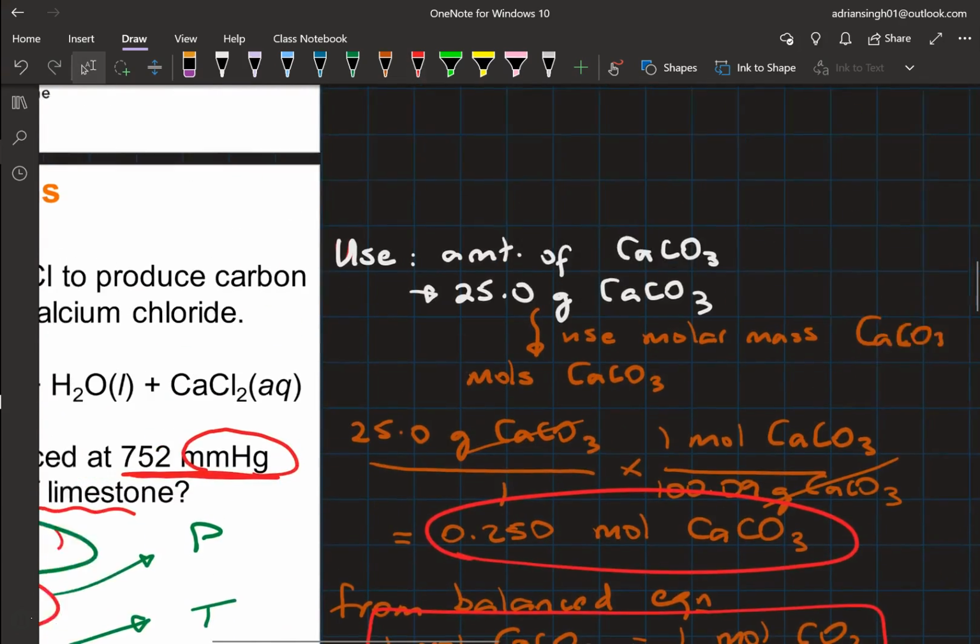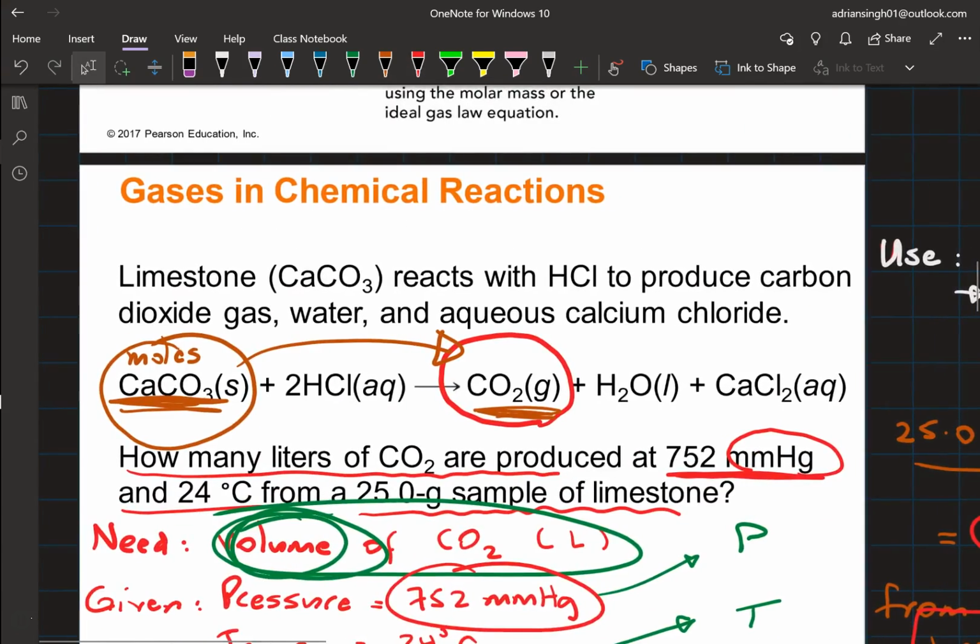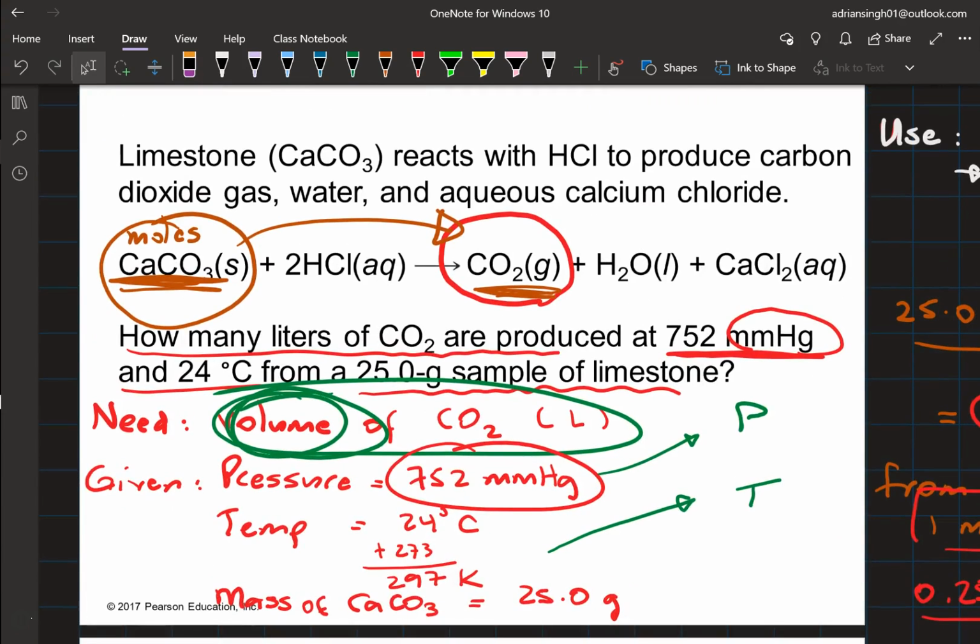Just to recap here, we were given the amount of the calcium carbonate in grams. We needed to figure out the volume of the CO2. The way that we did that was we first converted the mass of the calcium carbonate into moles using the molar mass.